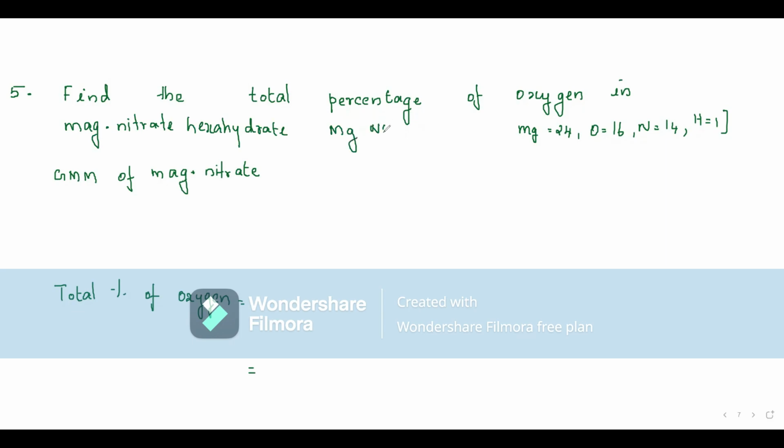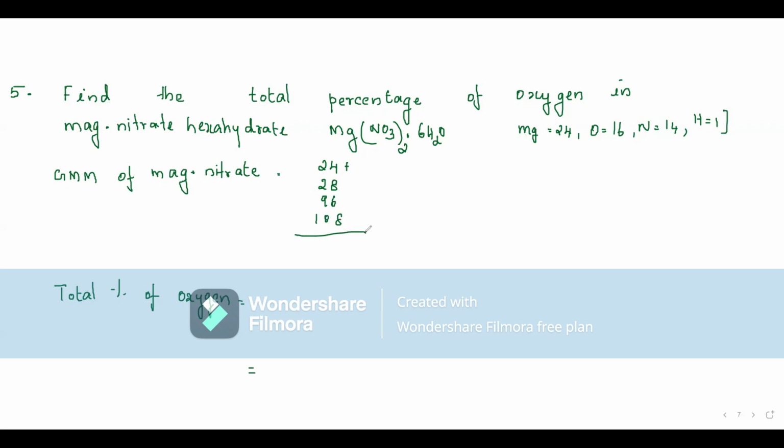The formula is Mg(NO3)2.6H2O. GMM of magnesium nitrate, magnesium 24 and nitrogen 2 into 14, that is 28. Oxygen 16 into 6, 96. And water, each water molecule is 18. 18 into 6 is 108.